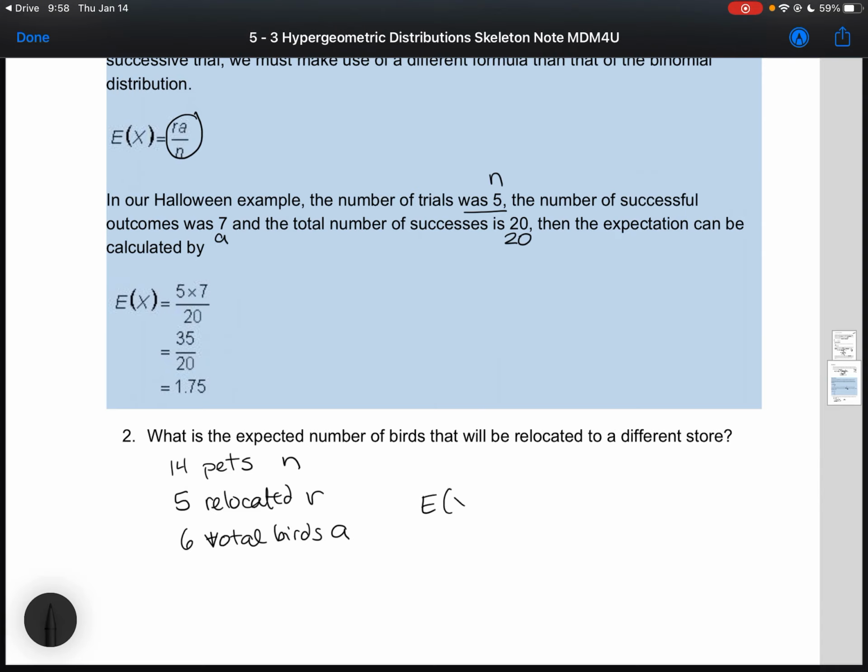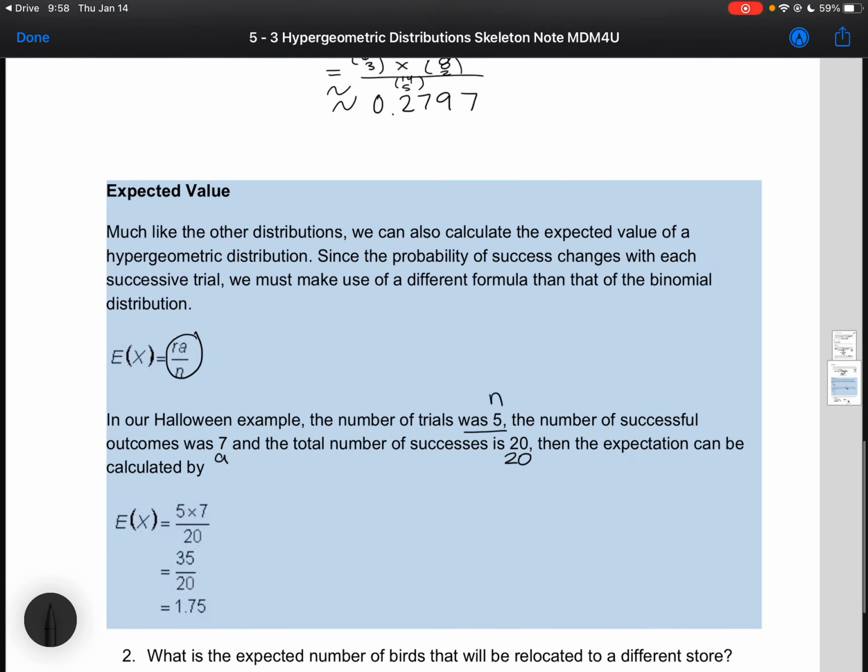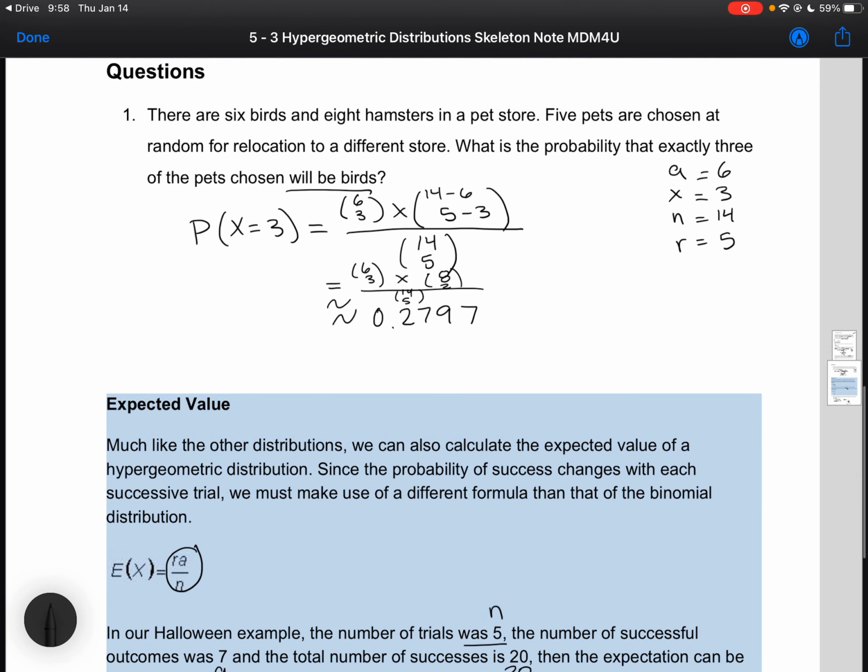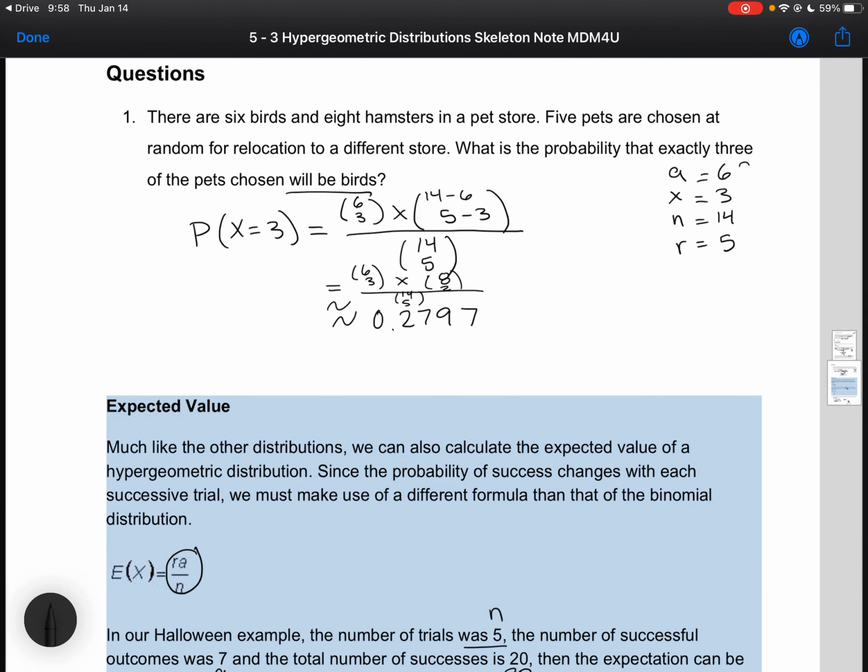We can use our formula above, R times A over N, and substitute in our values. So 5 times 6 divided by 14 gives us approximately 2.143. If we scroll up, those variables are the same as we defined at the very beginning of our problem.